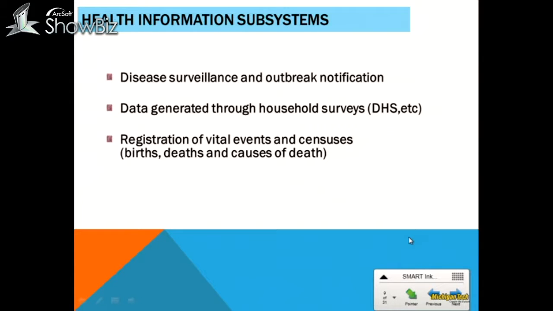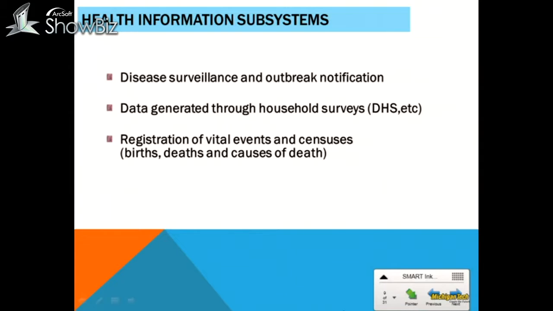Okay, so this kind of health system has many subsystems. Also, we have data generated through household surveys. This kind of system is just like the DHS, which is just a survey. Okay, D means demographic. So this kind of survey data we can also put in the system.